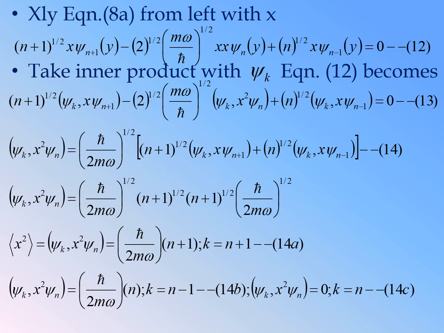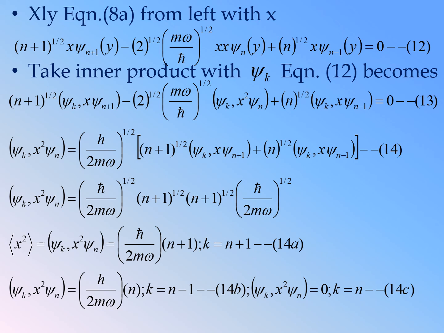Now you take the inner product with psi k. So the equation 12 becomes square root of n plus 1 inner product of psi k comma x psi n plus 1 minus square root of 2 square root of m omega by h cross inner product of psi k comma x squared psi n plus square root of n inner product of psi k comma x psi n minus 1, that is equal to 0.